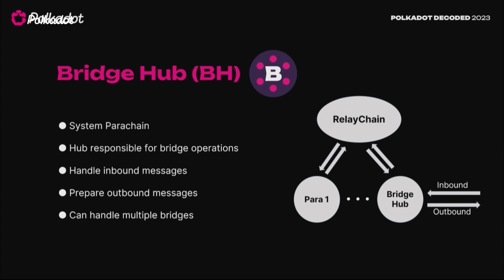So it is responsible for triggering verification of those messages, and also routing them to the final destination. I need to say that a BridgeHub can handle multiple bridges at once. So at BridgeHub, we can have a Kusama to Polkadot bridge, we can have an Ethereum to Polkadot bridge, and any other bridges that come to your mind.